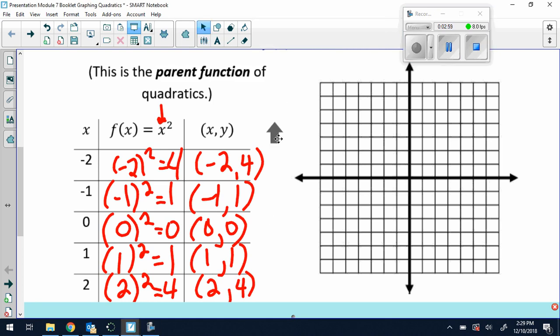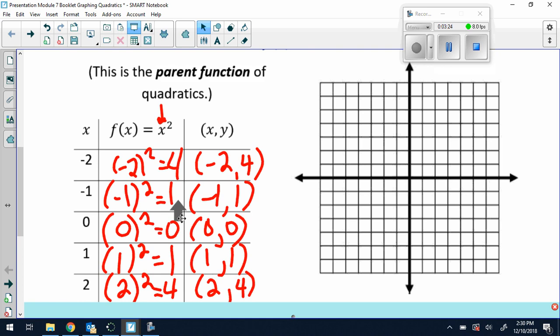Now it occurred to me that some of you might not understand where this is coming from, so I want to make sure we understand. I'm plugging into this x squared, because that's my function. I'm plugging -2 in for x, so this is -2 squared, which equals 4. So this point is coming from this value for x. This is my y value, because that's what I get when I plug in for the function. Then I'm plugging in -1.